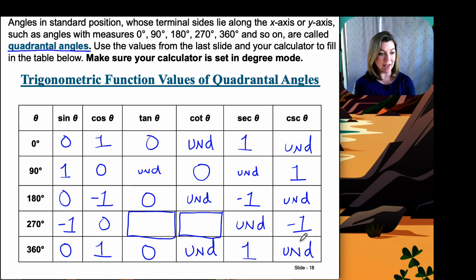All right, we have 2 left that we did not fill in, and that's because our technology didn't help us with that, at least the TI-84 Plus. So let's figure these ones out by hand. So 270 degrees, tangent and cotangent. I don't have a lot of space, I'll just sketch it right here. I'm going to make this my x and y axis.